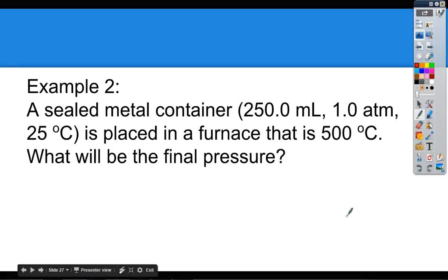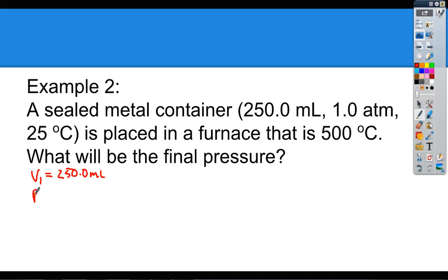We're given a V1 of 250.0 milliliters. We're given a P1 of 1.0 atmospheres. We're given a T1 of 25 degrees Celsius, so we're going to go ahead and add 273 to that.